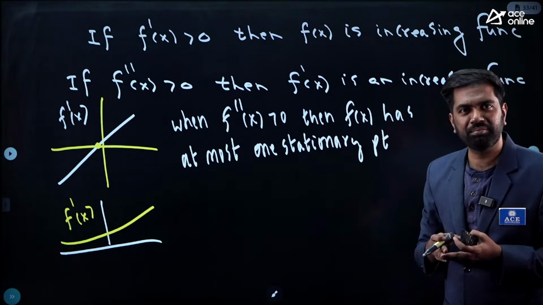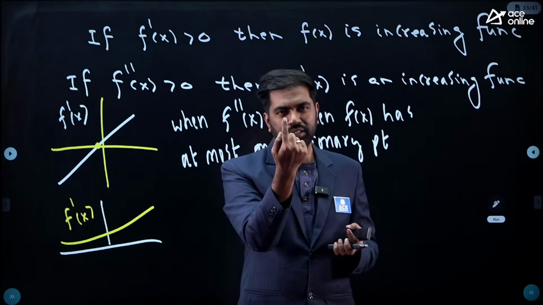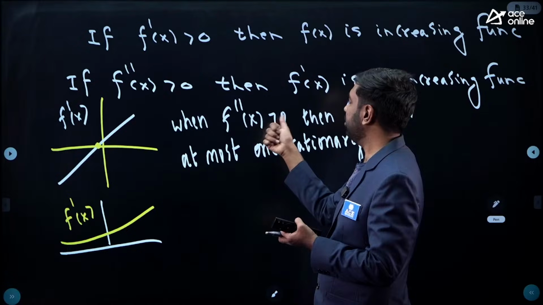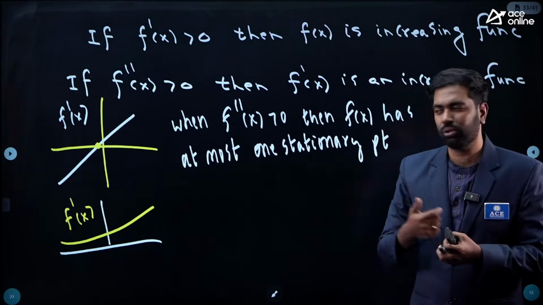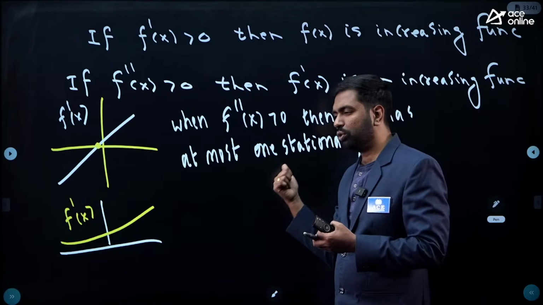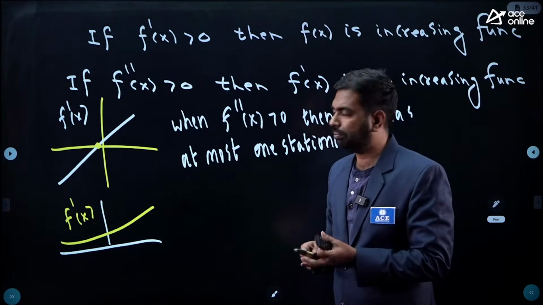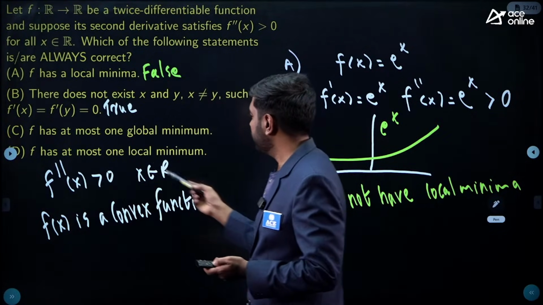Now, when you say it has at most one stationary point, then there will be at most one local minima. Suppose it has one stationary point. At that stationary point, the second derivative is anyway greater than 0, so definitely it's a local minima. So F has at most one local minima.